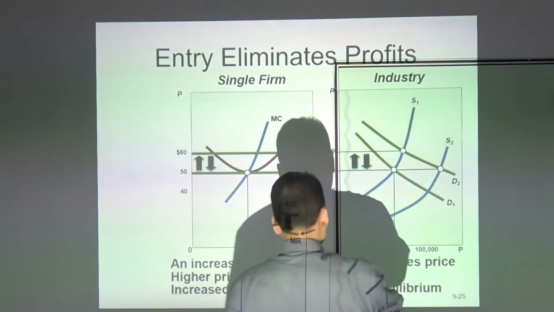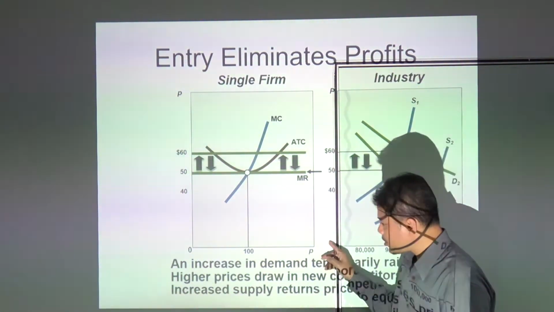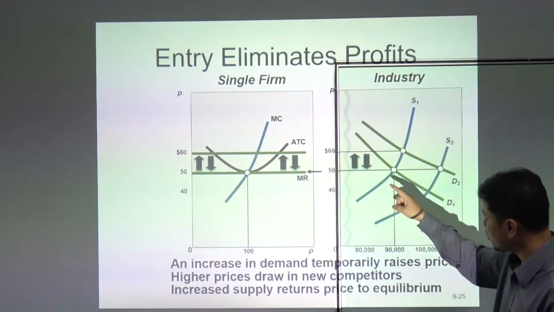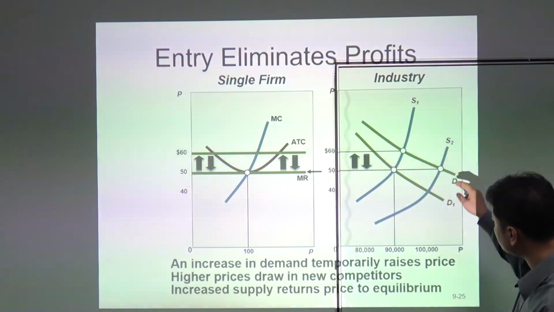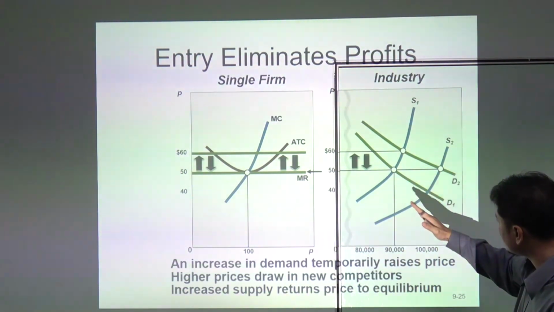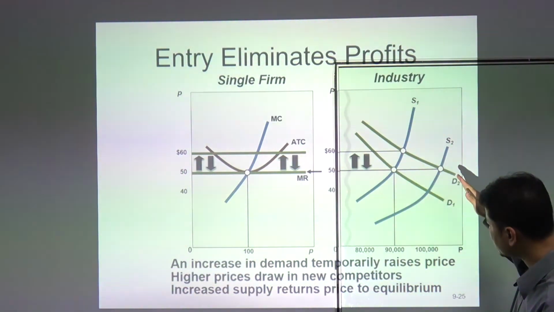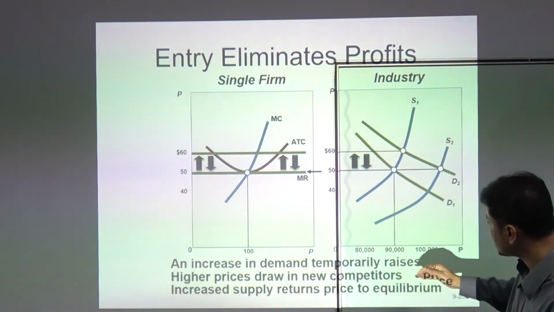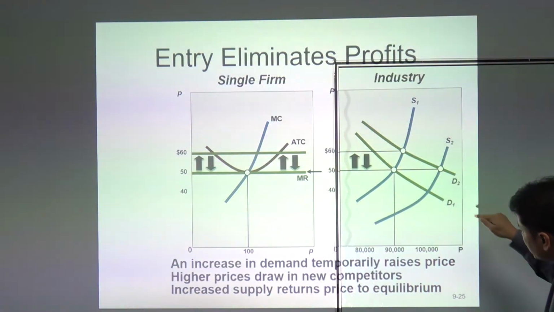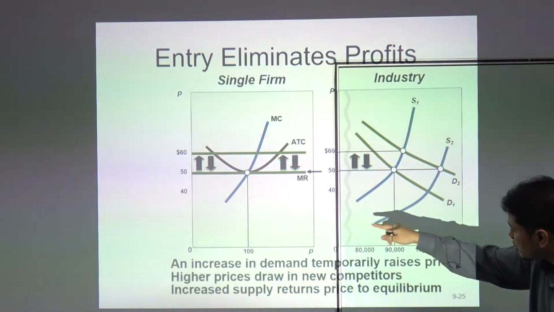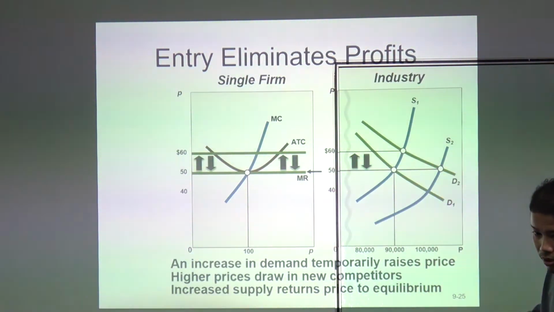From here, the initial equilibrium is at the intersection between D1 and S1. And then you have the temporary increase in the price as D1 shifts to D2, and as a result of the entry of new firms, supply will shift to S2, and then the new equilibrium will return back to the original price but at a higher quantity.